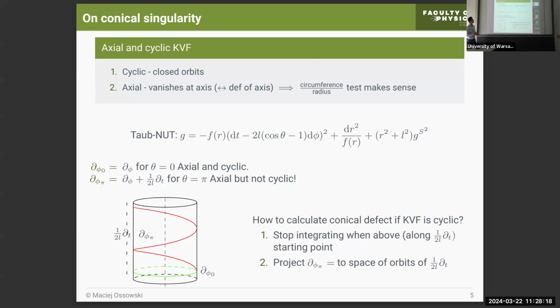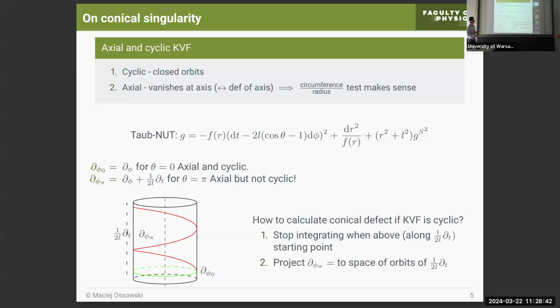I want to discuss it on the example of the Taub-NUT spacetime, which is probably the simplest member of this Plebański-Demiański family with spherical sections and the NUT parameter. This is just a one-parameter generalization of Schwarzschild.